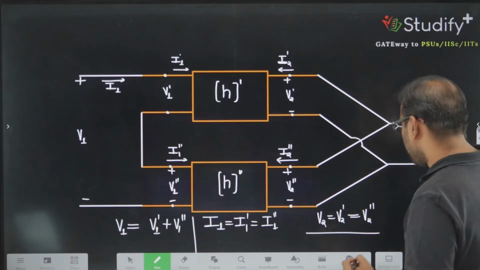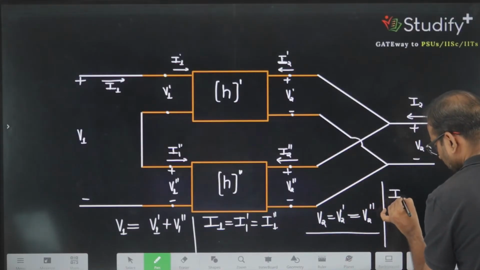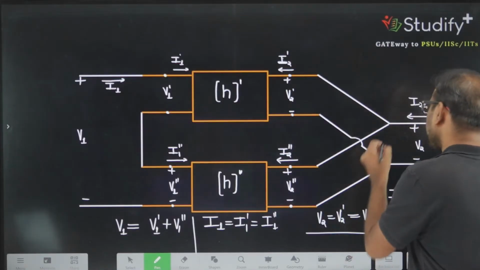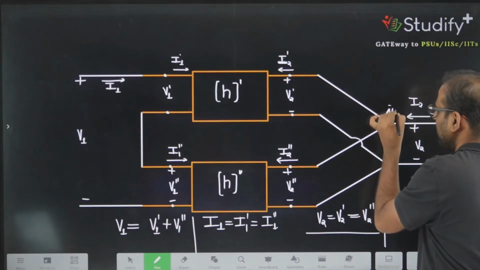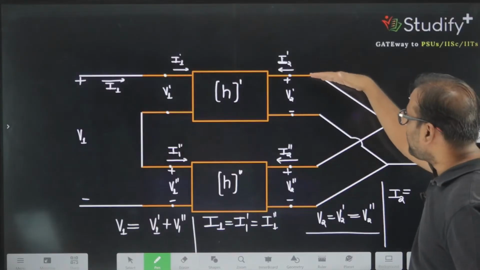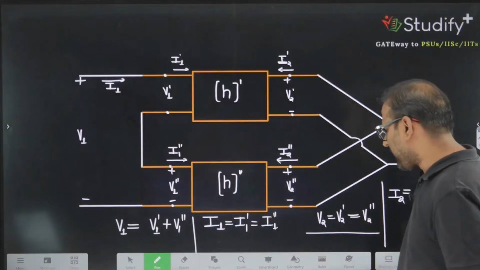And what is I2? I2 is the summation of two currents, because when you apply KCL at the top node, let's say this is a node, the incoming current is I2, and the outgoing currents are I2 prime and I2 double prime.